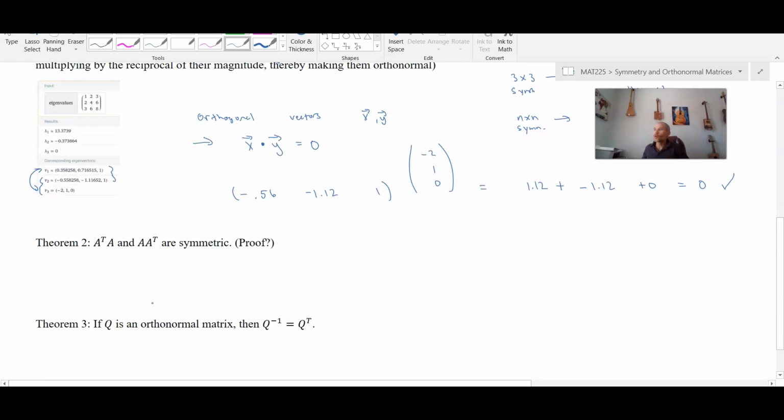Now, the really cool and powerful thing that's going to help a lot in image compression is that even though images themselves are often not square, we can take a matrix and its transpose and multiply them together, and we end up with a symmetric matrix. So what would that mean? How do we know?